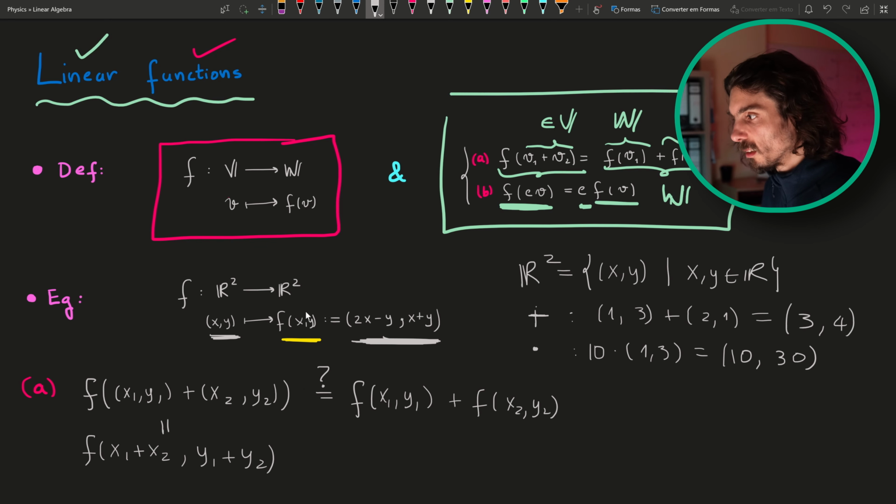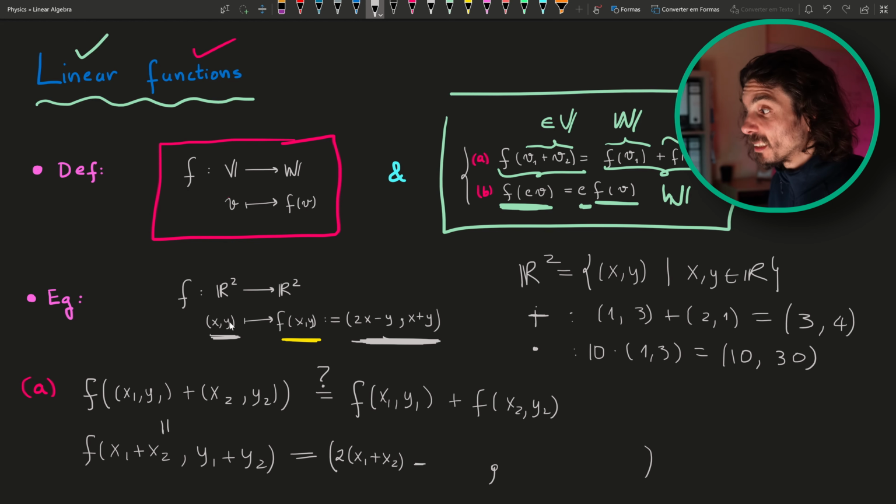Now I can use this. Let's use this, because it is the ordered pair, which is a very big ordered pair, by the way. The first entry is 2x, so 2 times the first entry, but the first entry this time is x1 plus x2, so it's 2 times (x1 plus x2) minus y.